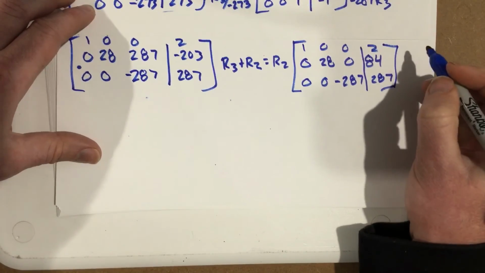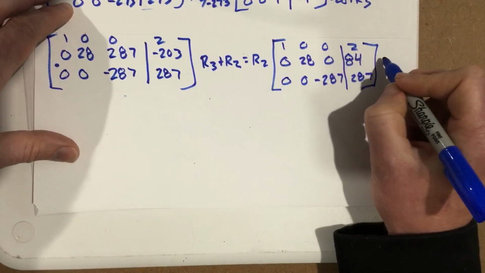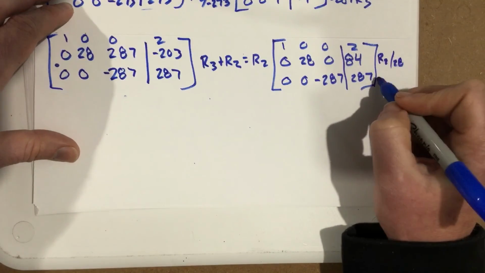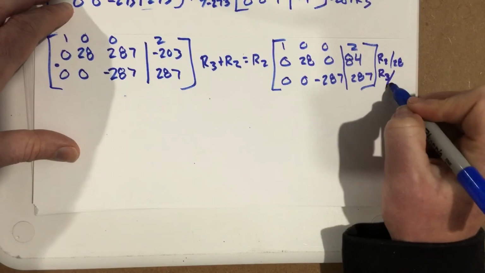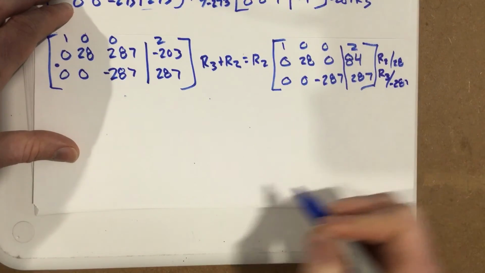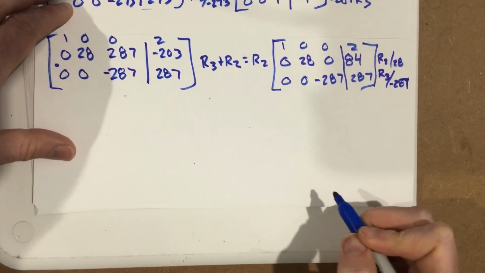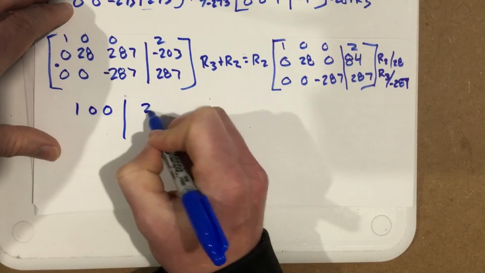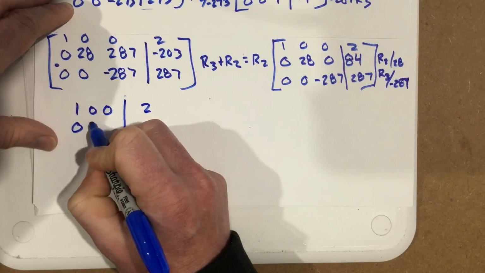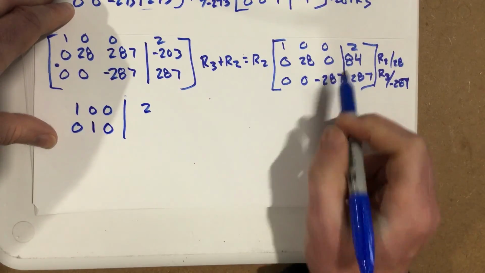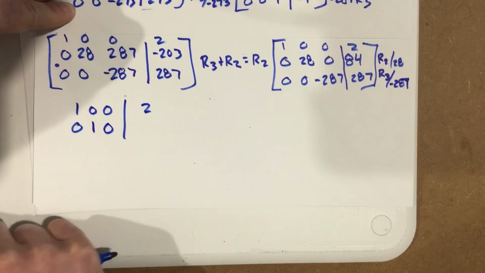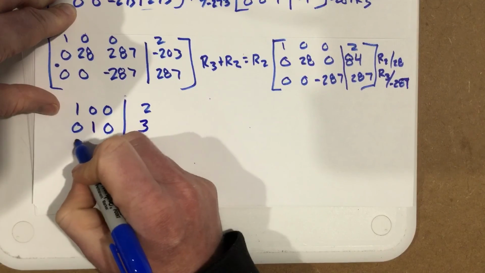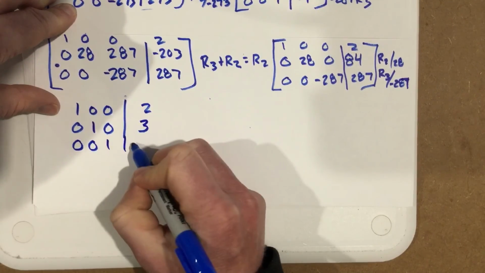Now I'm going to take this row and divide it by 28. So row 2 divided by 28, and row 3 divided by negative 287. When we divide those, we get 1, 0, 0, 2, 0, 1, 0, see 84 divided by 28, 3, and 0, 0, 1, negative 1.